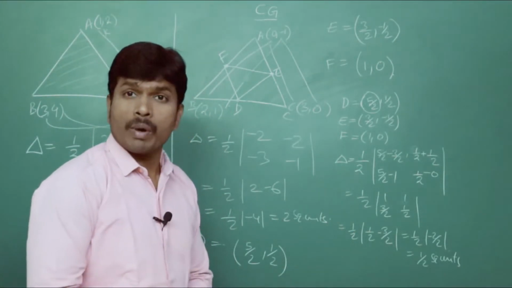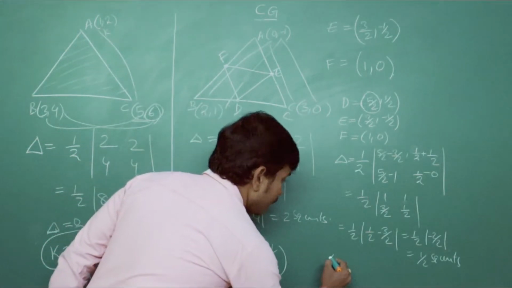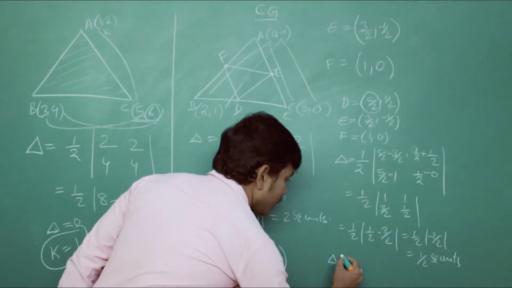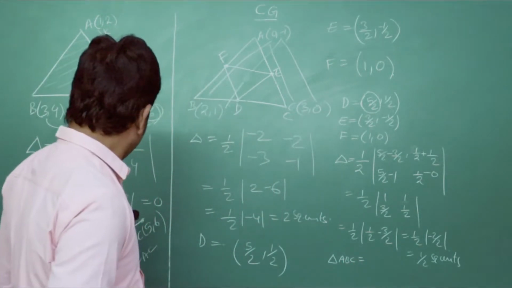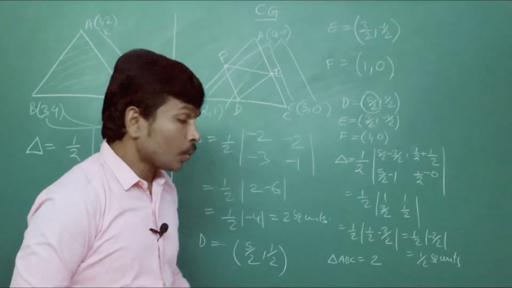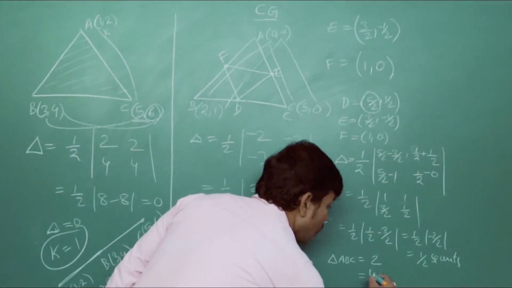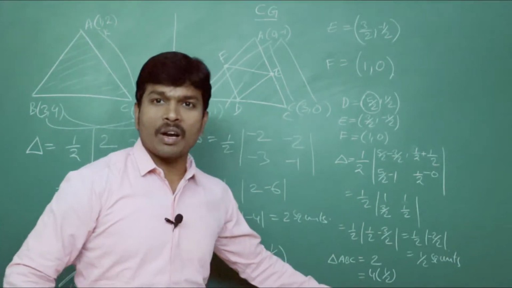Now observe, my dear students, what is the area of triangle ABC? Area of triangle ABC is equal to how much? You got it as 2. I am writing it like this: 4 times 1 by 2.